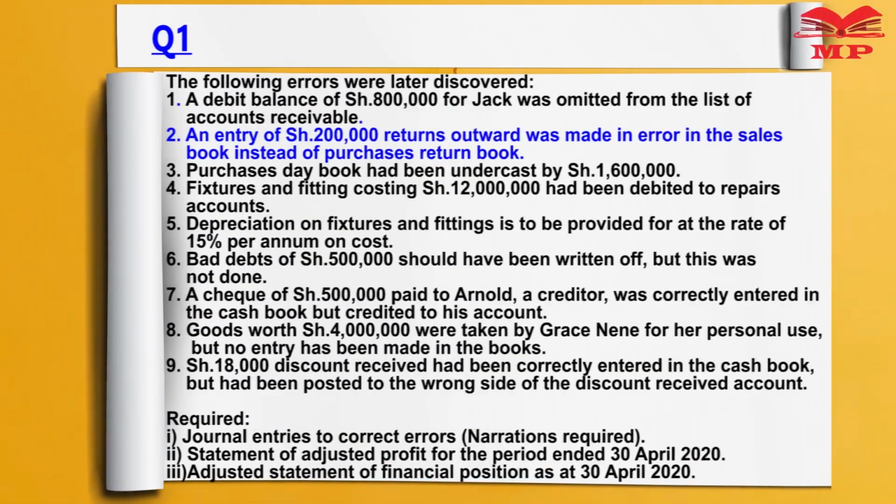Go back to the question. An entry of 200,000 returns outward was made in error in the sales book instead of purchases return book.